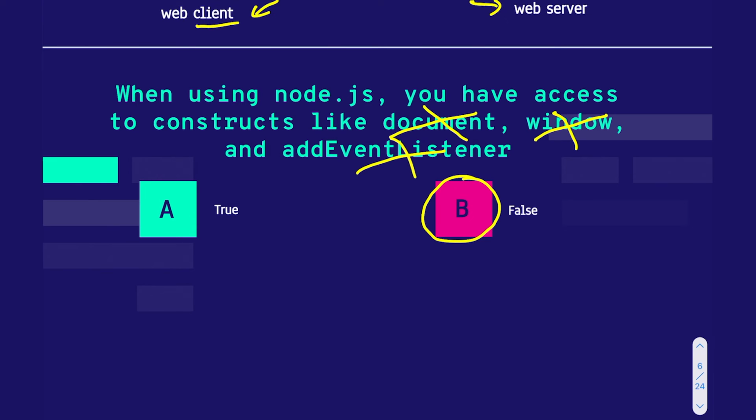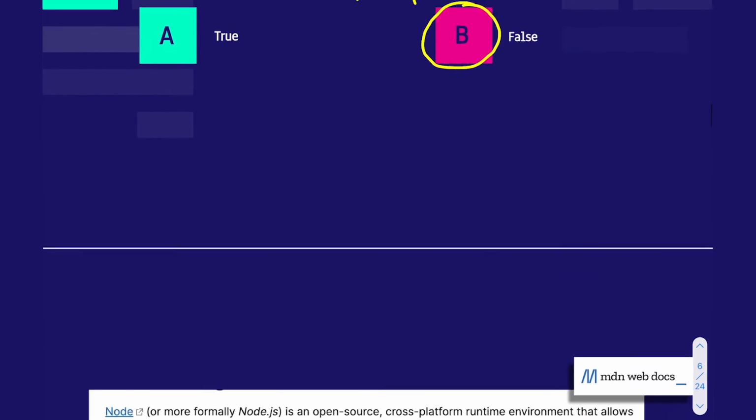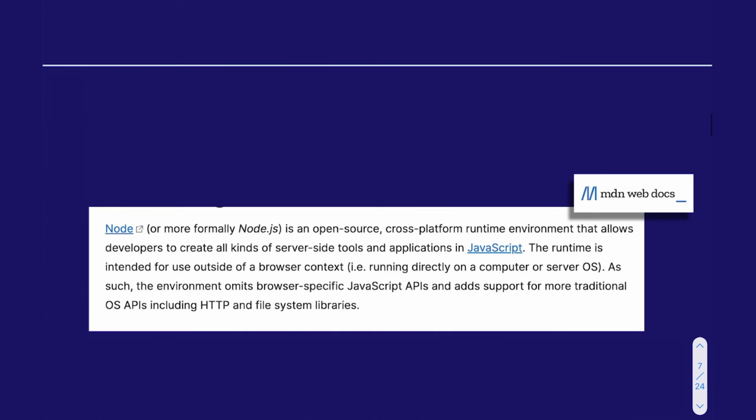The reason why is the environment that node.js runs in. It's a cross-platform runtime environment where you can make these server-side tools and applications, but, and this is a very big but, don't laugh at that, the runtime is intended for use outside of a browser context.